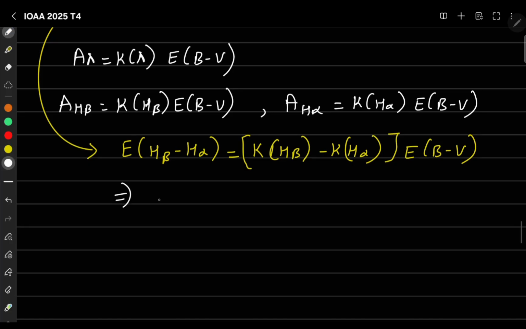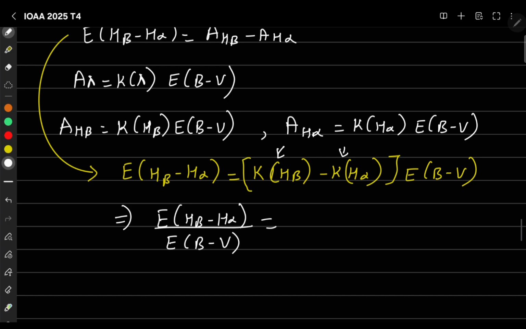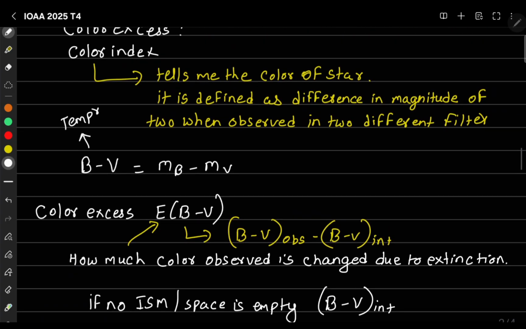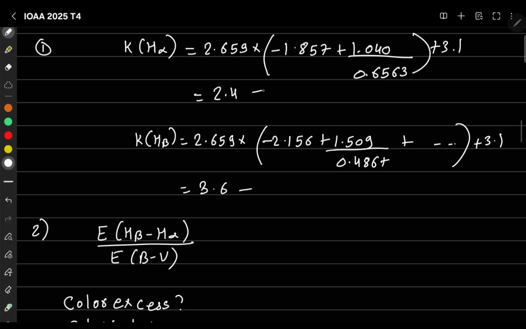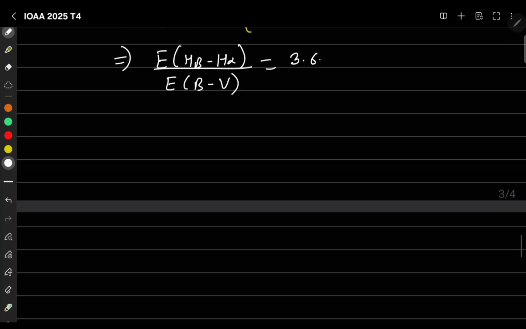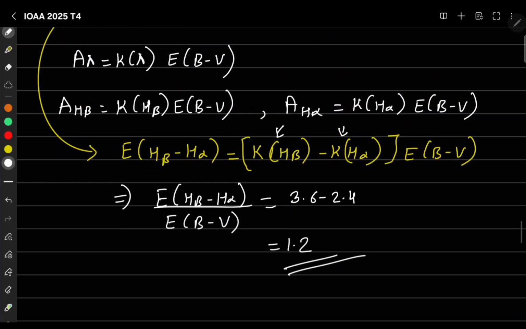So this equation becomes E(Hβ − Hα) divided by E(B−V), and I know the relation of K_Hβ and K_Hα. We got these values from here as 3.6 and 2.4. So it's 3.6 minus 2.4, and this is 1.2. This is the value for the second question.